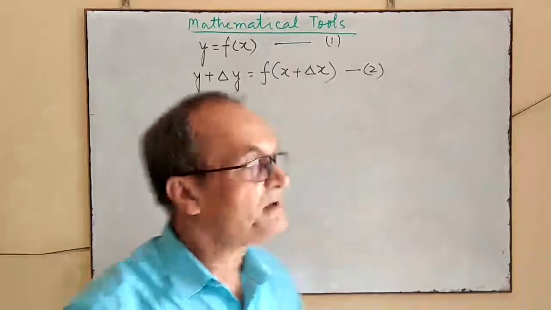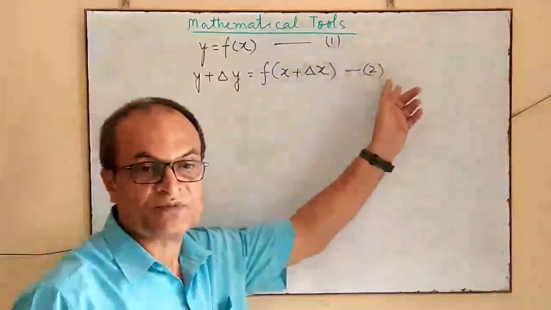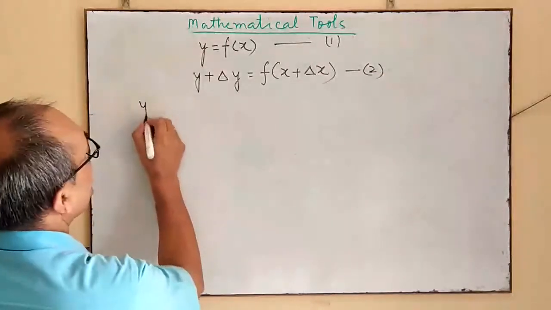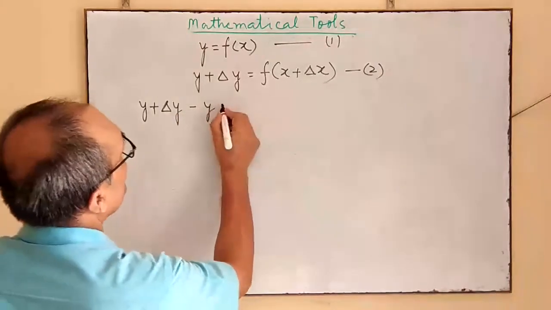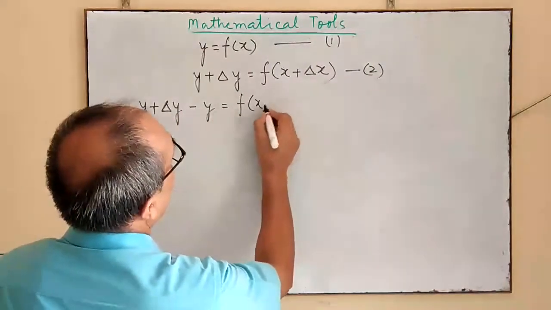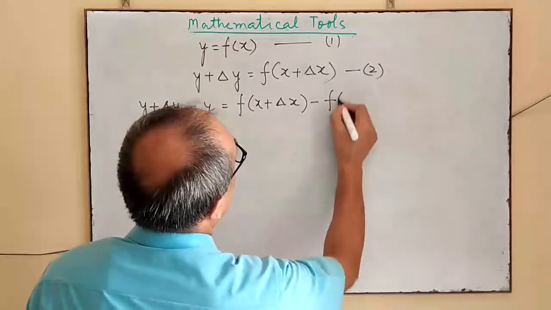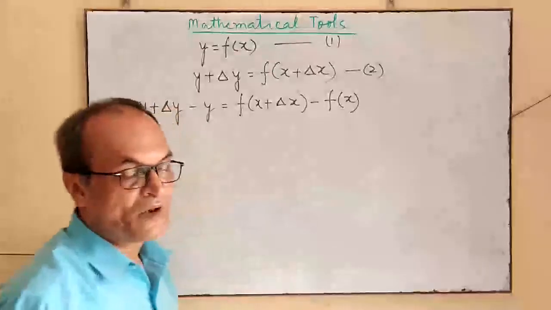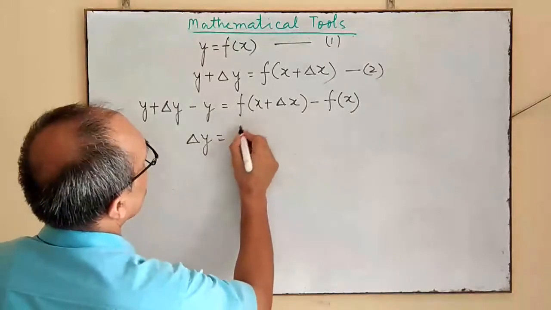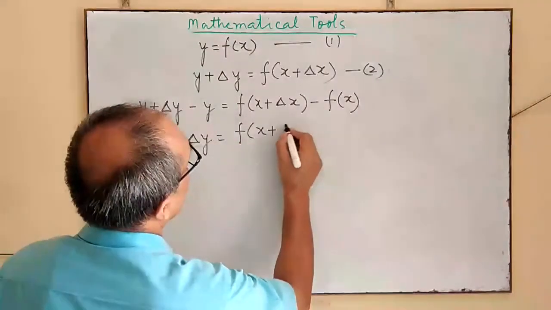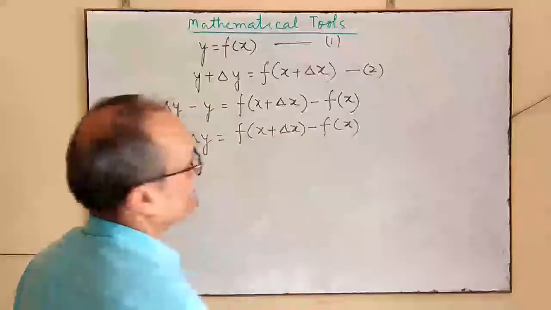Now subtracting equation 1 from 2, so y plus delta y minus y equals f(x plus delta x) minus f(x). This will be equal to delta y, that is f(x plus delta x) minus f(x).